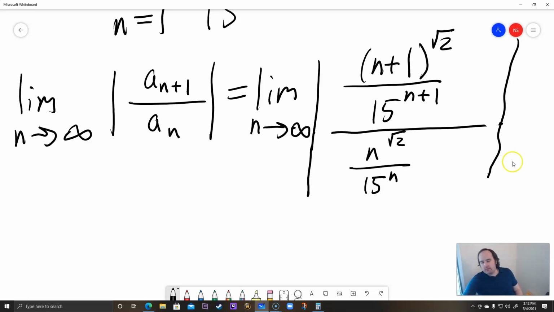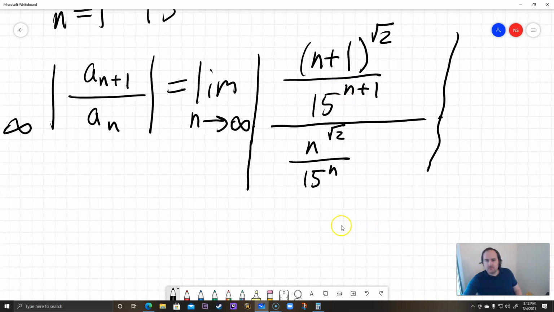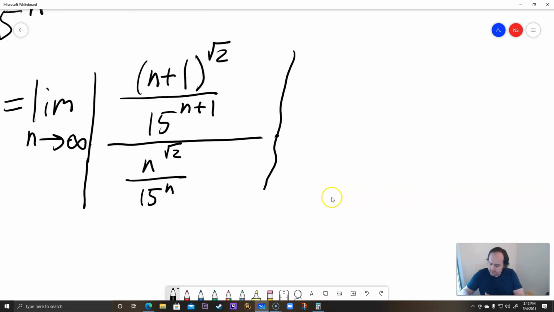Well, remember that for the 15 to the n plus 1, we can rewrite that as 15 to the n times 15. So what do we got here? Actually, let me write it down below.